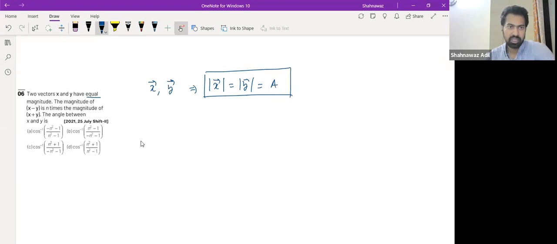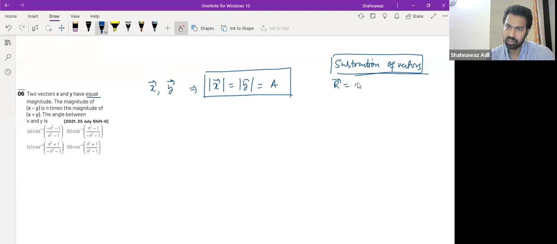And the magnitude of x minus y. Did Amna ma'am do this subtraction of vectors? R is A minus B. So what is the magnitude of R for A minus B?